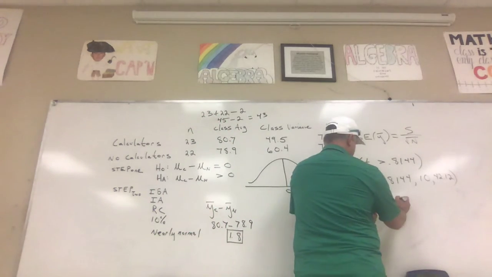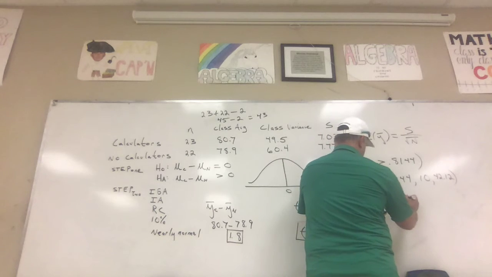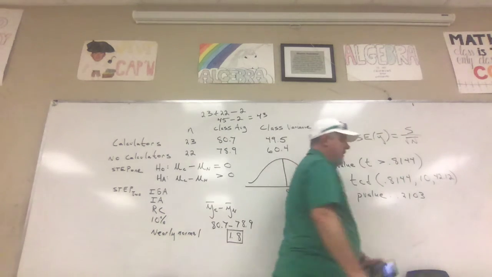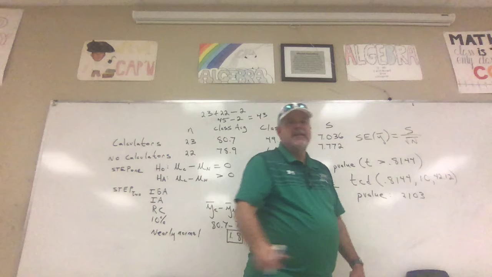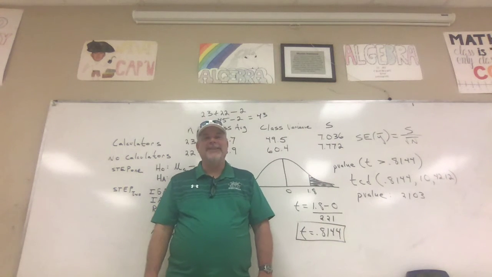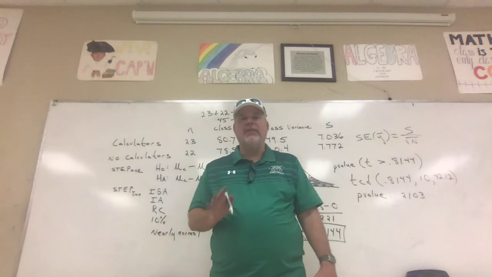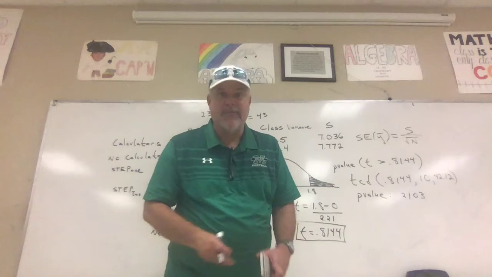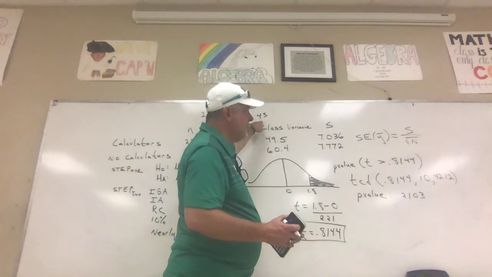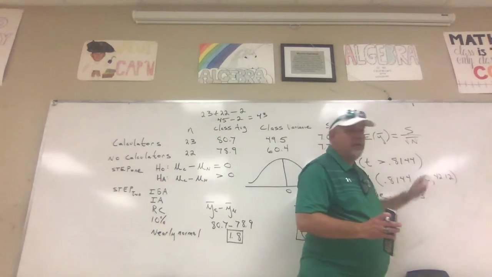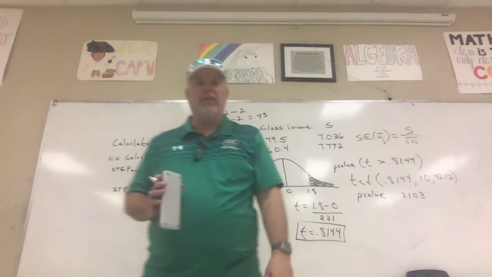The p-value is 0.2103. Did that really change the problem? They have yet to give a problem on the AP exam where it would have made a difference if you use 43 or if you use 42.12.